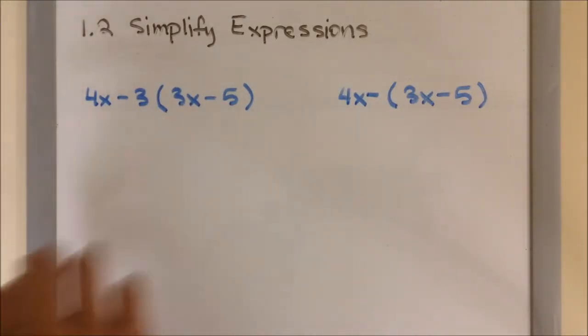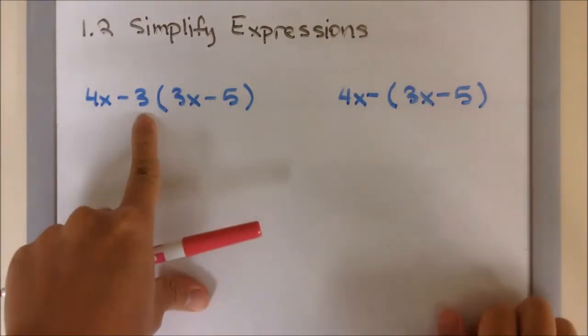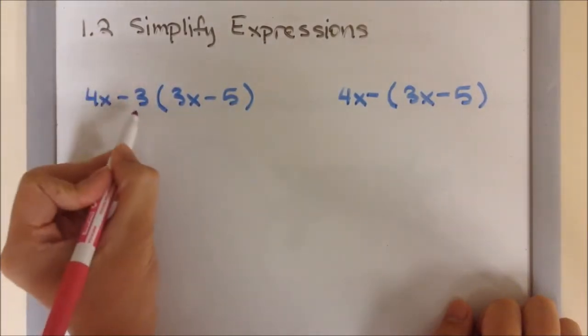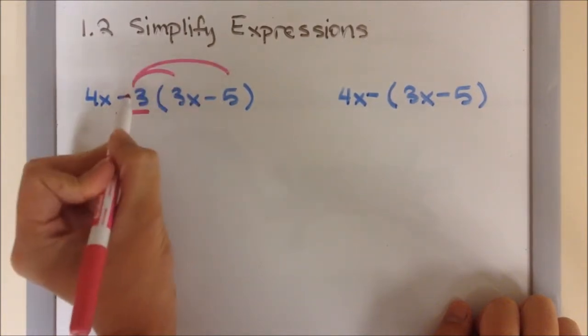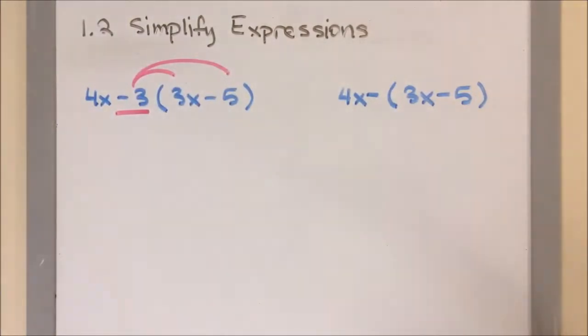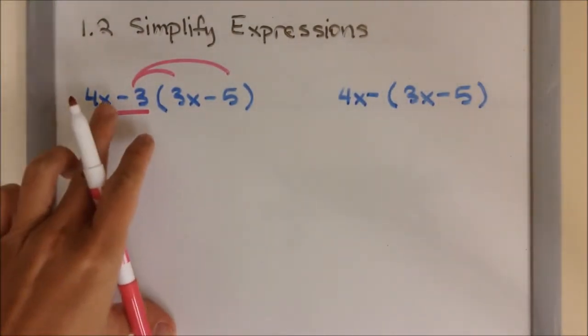Now take a look if I could do any multiplying or dividing from left to right. Looking at it from left to right, I can do multiplying because we have a 3 in front of the parenthesis. But be very careful, this minus 3 is going to go with each term as I distribute to 3x and minus 5. So when I'm distributing, I'm multiplying by negative 3 because it had a minus.